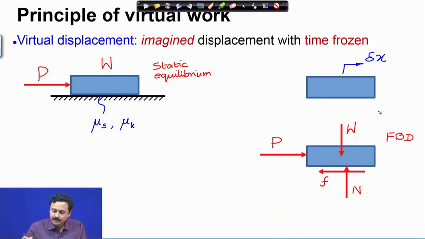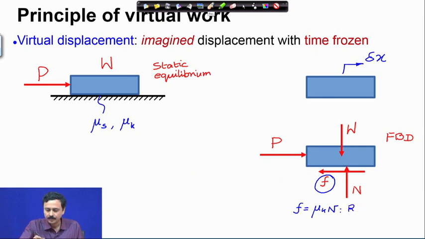In a real displacement, if I give a real displacement to this block, this F, the friction force, will immediately go to the value mu k times N.